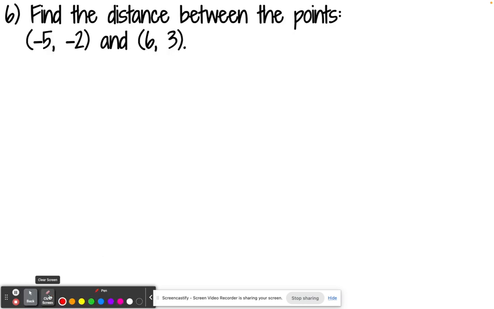So let's test it out. It says find the distance between these 2 points. I'm going to call this x1 and y1, and the other x2 and y2.